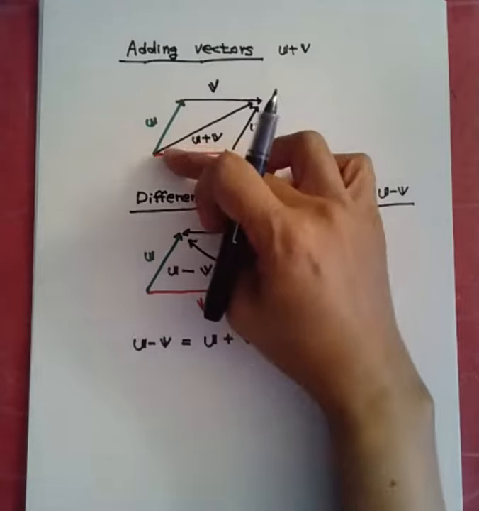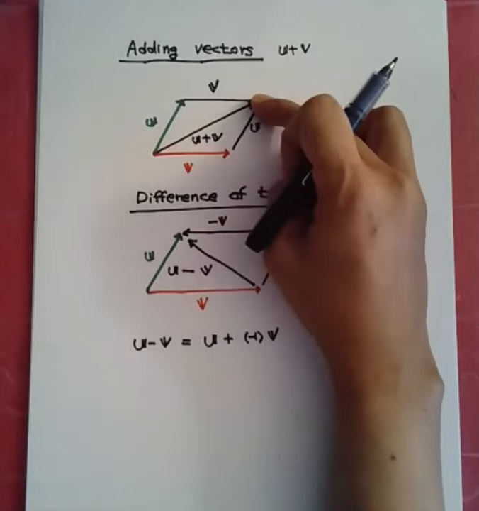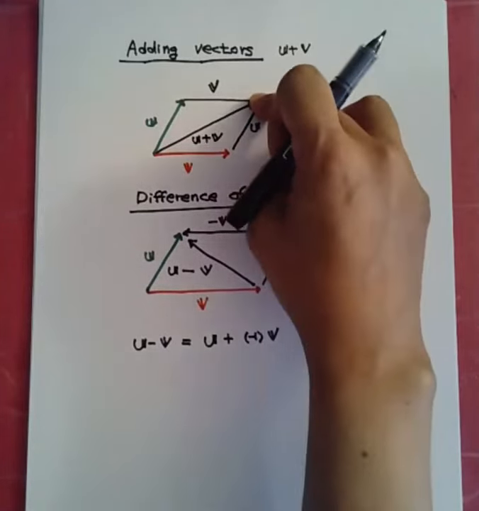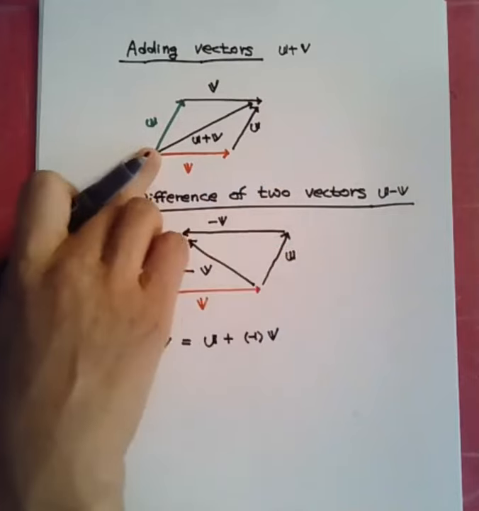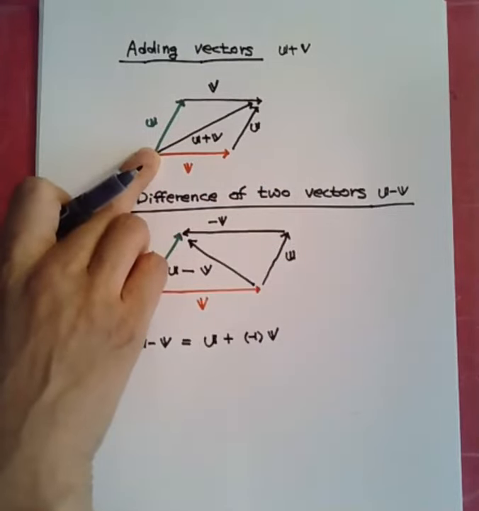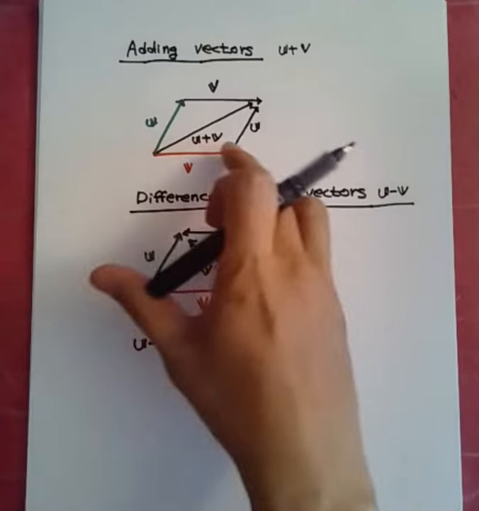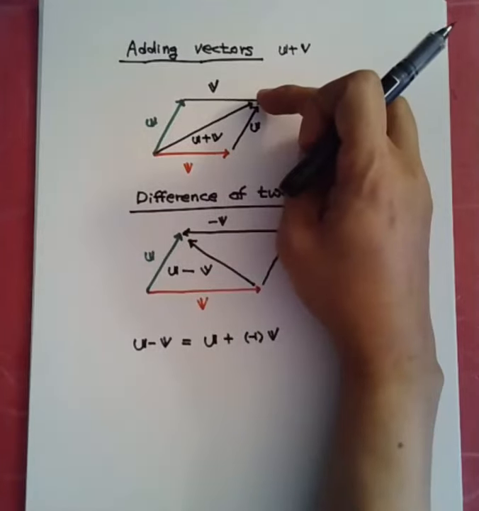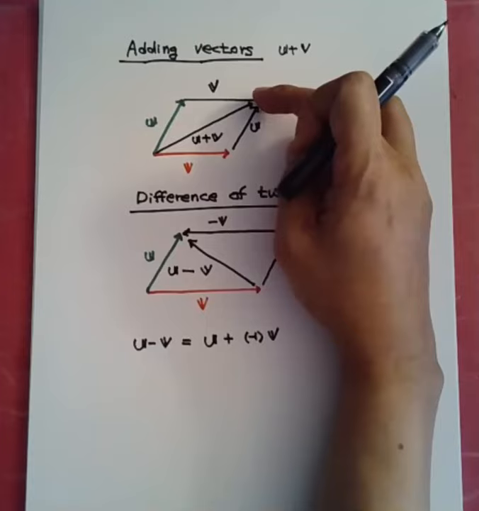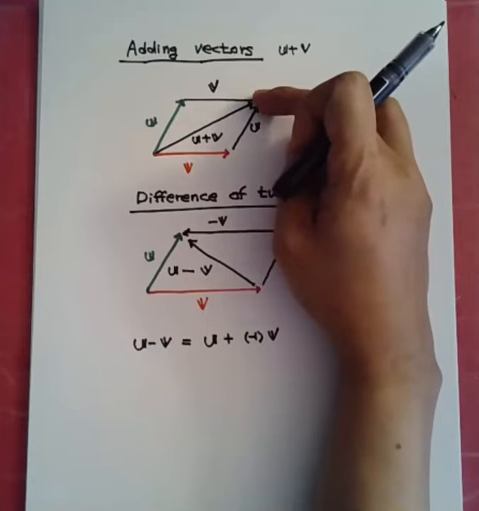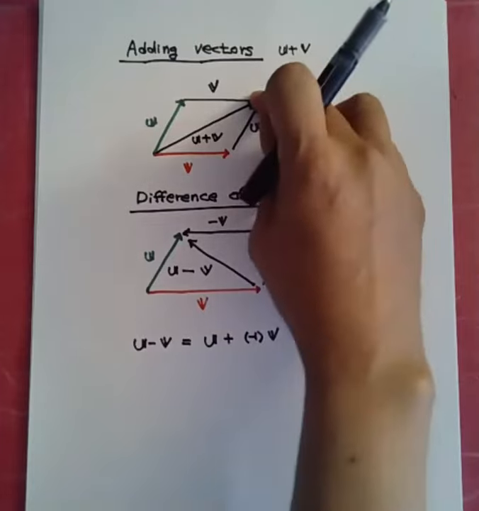See here, when two vectors are added, you start at the initial side of one of the vectors, and then you end at the terminal side of the other vector.